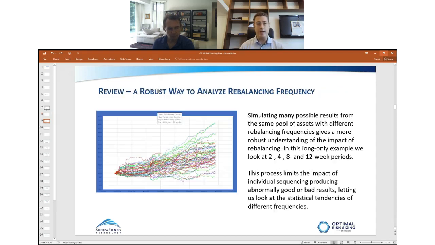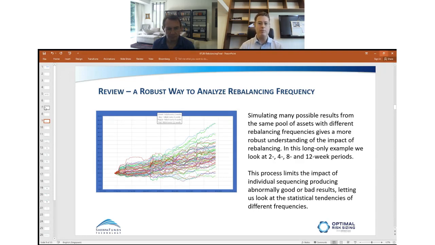And so what we're going to do today, we're going to dive into showing how this works. And so we introduced last time at Sherpa, we try to make sure that everything is statistical rather than looking at a particular point in time, a particular sequence, a particular implemented portfolio. And so the way we're going to look at the outcome of varying these variables is by running as many different simulated paths for each different rebalancing frequency.